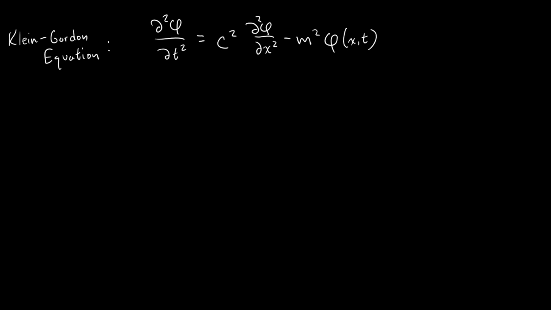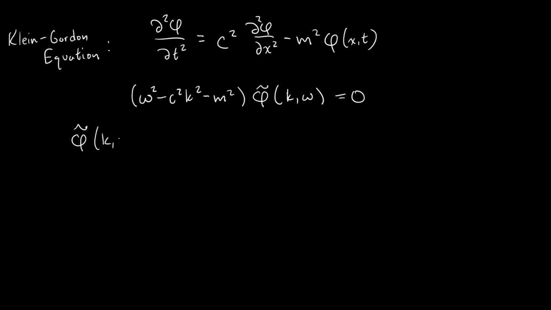Okay, so again, I do the same thing as before. I'm going to skip some steps because we've seen this over and over again. I'm going to Fourier transform both x and t, get omega and k, and I get something which looks like omega squared minus c squared k squared minus m squared, times phi tilde of k and omega, equal to 0. So again, I do the exact same thing. I pick out my solutions for omega and I rewrite phi in terms of these.